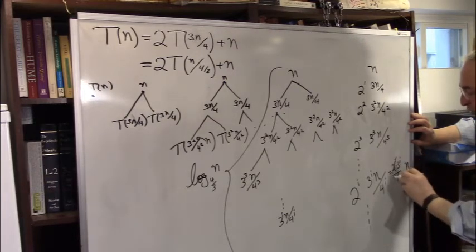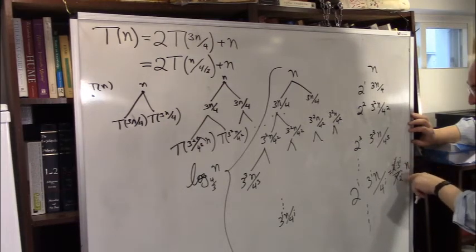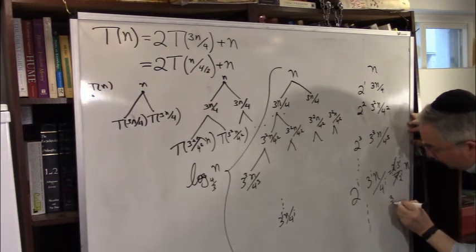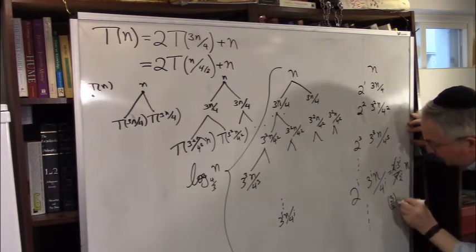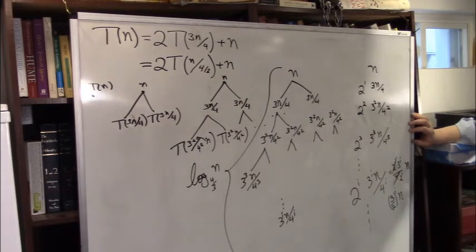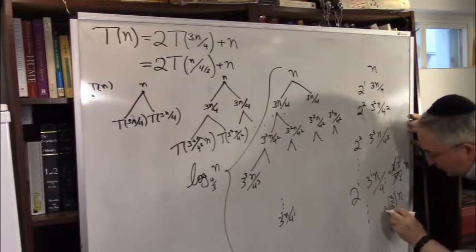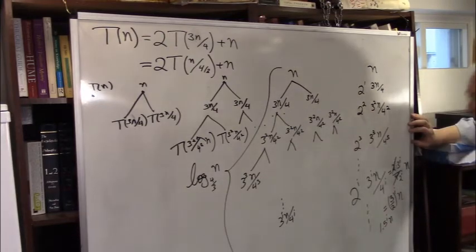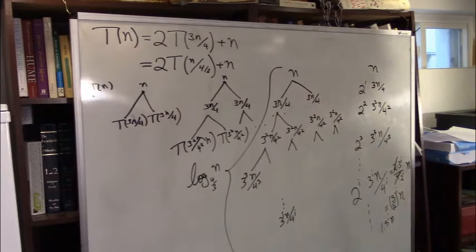The 2's cancel out, so you get 3 to the i divided by 2 to the i. So this becomes 3 over 2 to the i times n. What's 3 over 2? It's 1.5. So let's write it as 1.5 to the i times n. Okay, great.